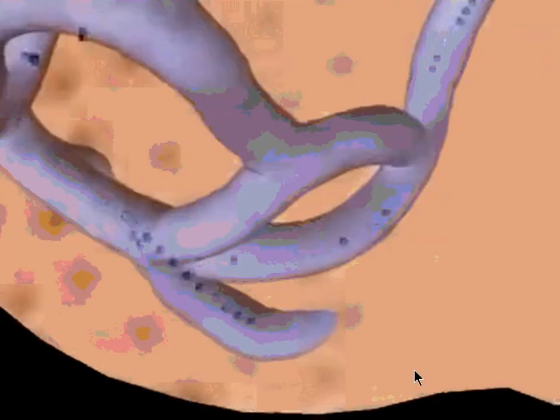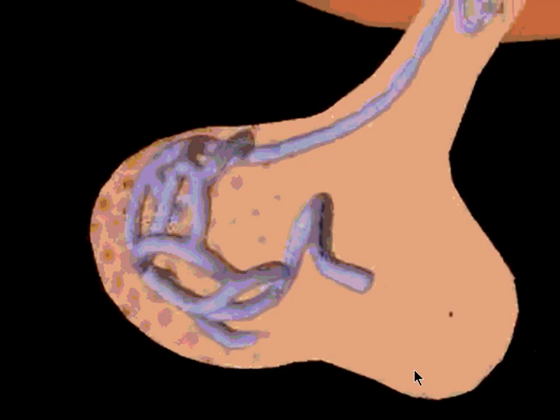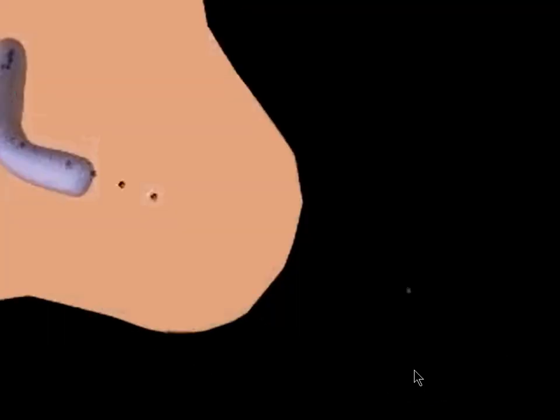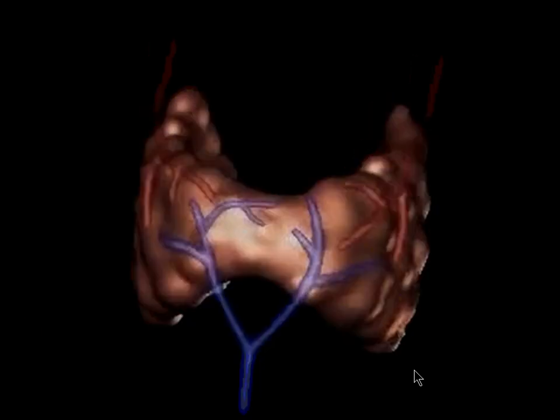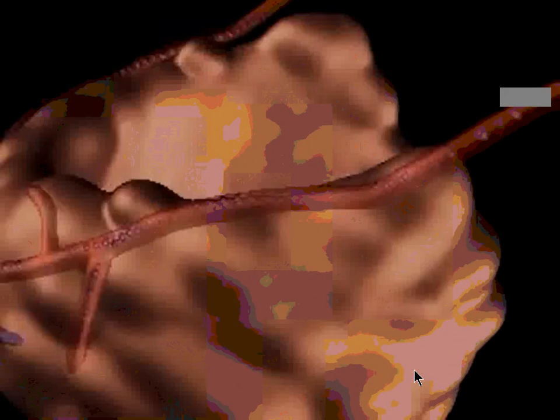TSH enters the bloodstream and is carried to the thyroid gland. At the thyroid gland, TSH stimulates the production and release of thyroxine, a hormone that regulates the metabolic rate of all the cells in the body.